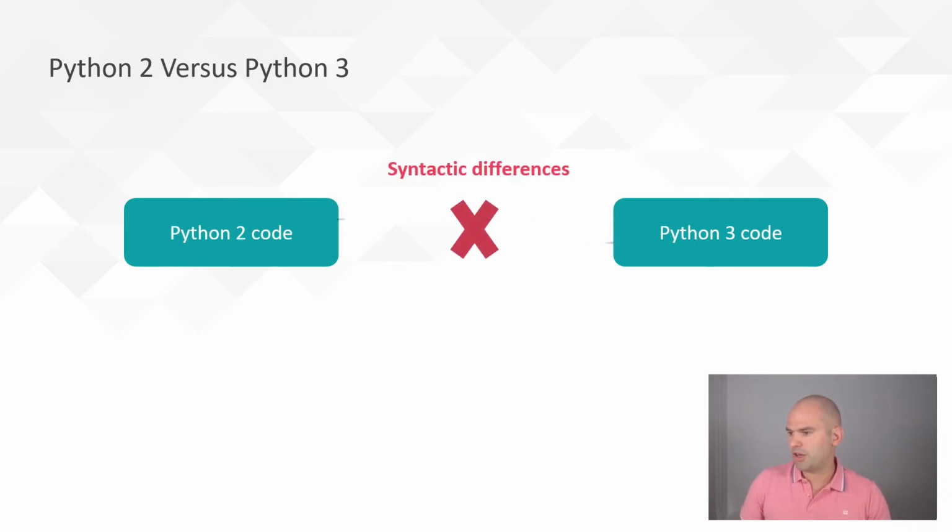But you should be aware that there are relatively minor syntactic differences. The support for Python 2 code is still running, but new features are not being added. So all the cool new stuff is basically being added to Python 3.